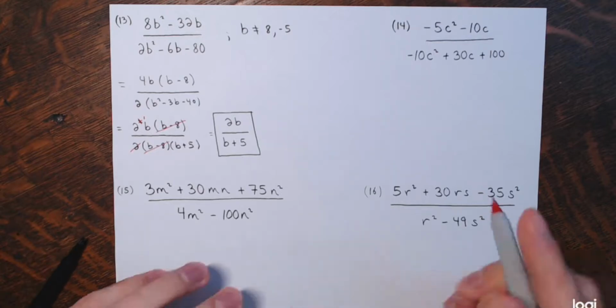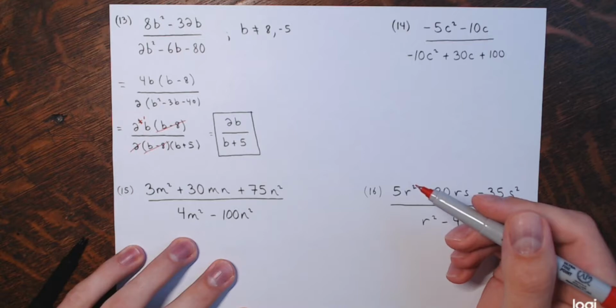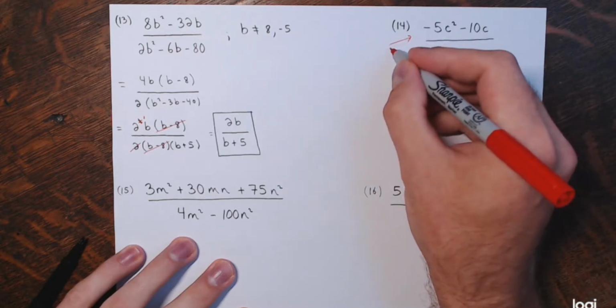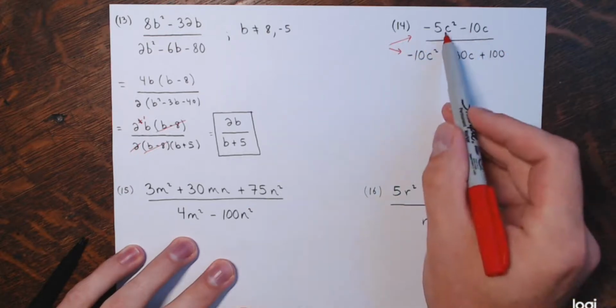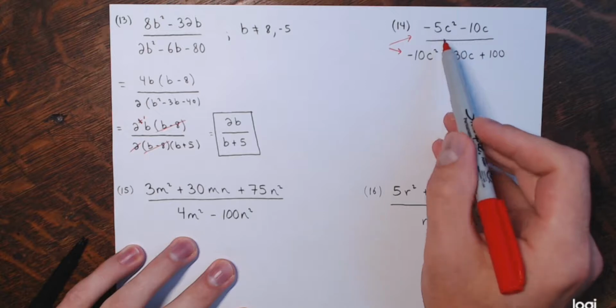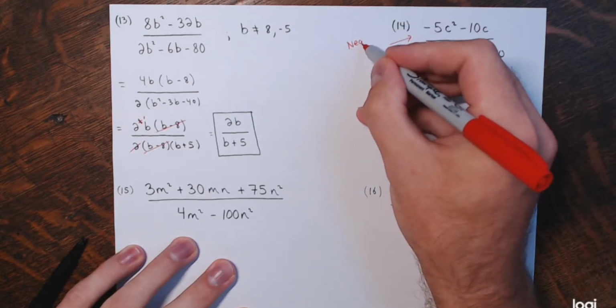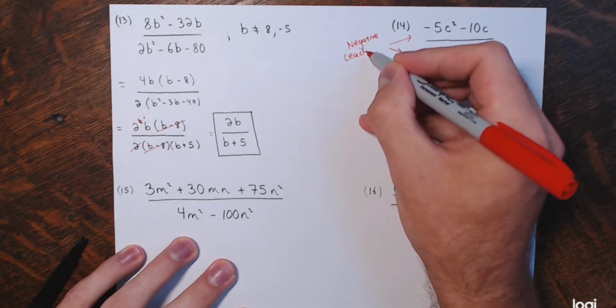The only thing I want to point out from example 14 that'll also come into play in later examples is that in these numerator and denominator polynomials, see the lead term, the highest powered term, has a negative coefficient. So we have a negative lead coefficient in these polynomials here.